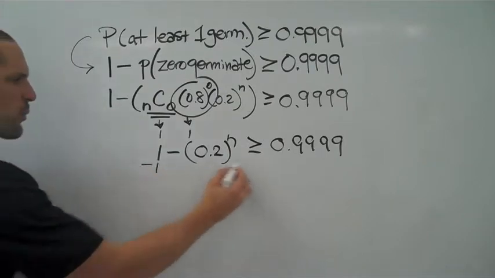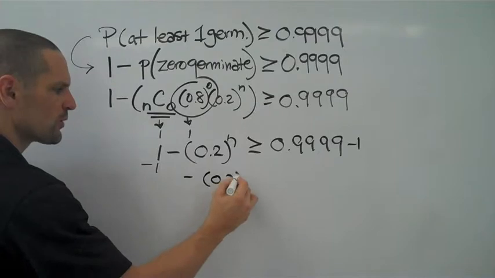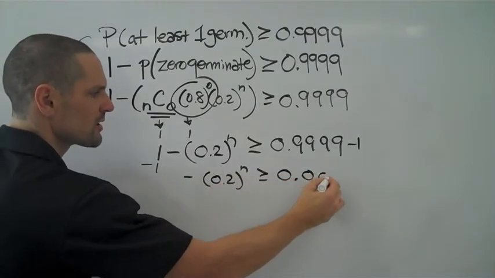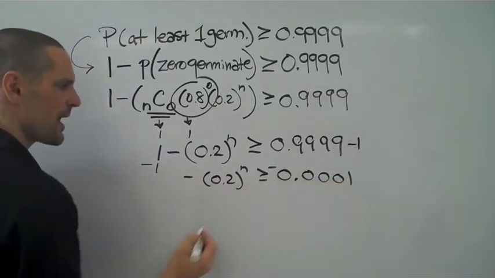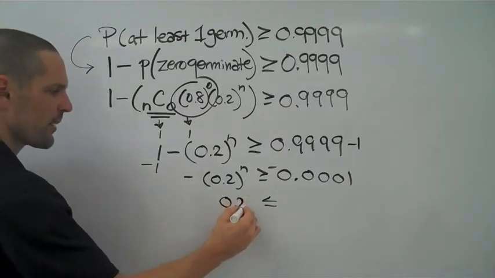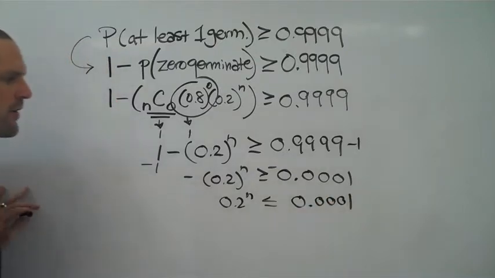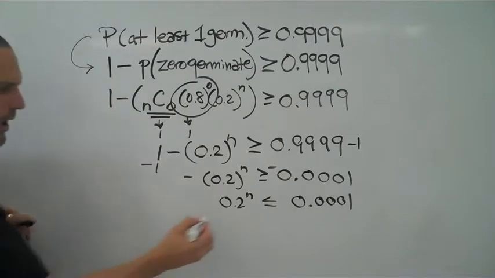I can subtract 1 from both sides and I get negative 0.2 to the n is greater or equal to negative 0.0001, and that's a negative. I can divide both sides by negative 1. When I do that, I have to change the inequality sign, and my negative signs cancel out. But remember, when you divide or multiply by a negative, you have to switch the sense of the inequality.